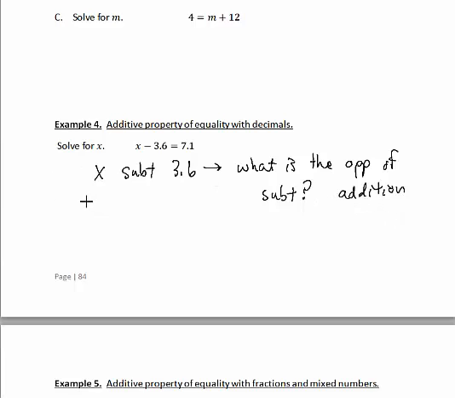So what I write is x minus 3.6 equals 7.1. I just simply copy it down. And now underneath, and this dash line is simply just to separate the left hand and the right hand side. Left hand side, right hand side. We're doing the opposite on both sides, so that would be to add 3.6.